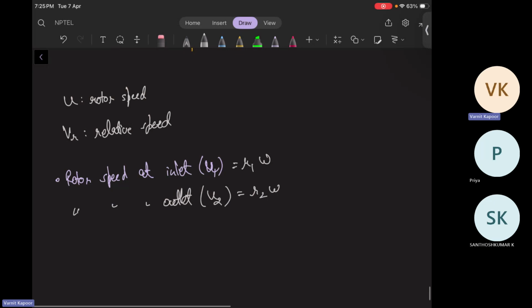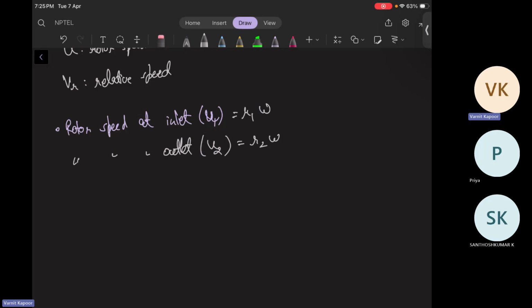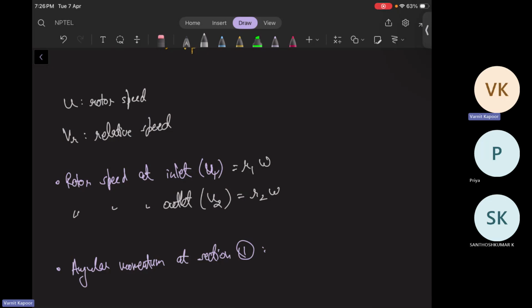Okay. Similarly, what will be your angular momentum at section 1? I'm just giving you a flavor of the basics of mechanics. Angular momentum at section 1: you have two velocities, the rotor velocity and the fluid velocity. So there will be a relative motion, that is your VR, relative velocity.